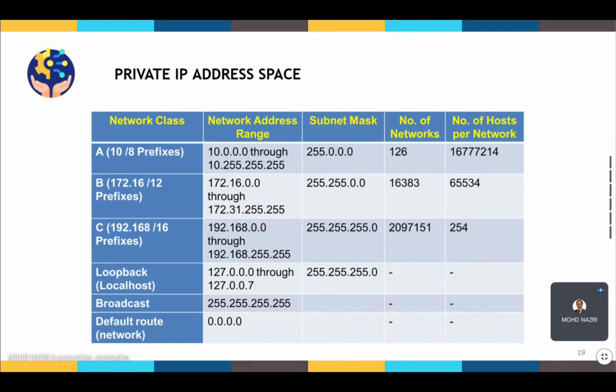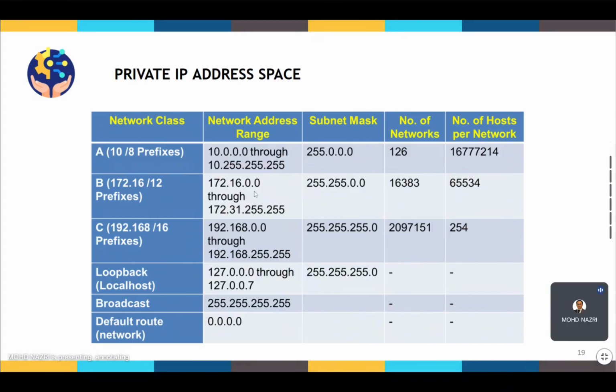That is the range for class A. For class B, normally we design for medium networks. Class B is sometimes called the 172.16/12 prefix.